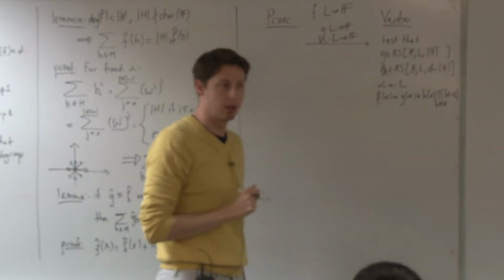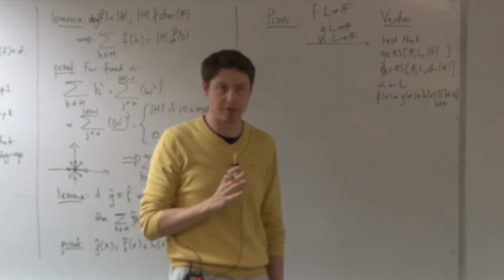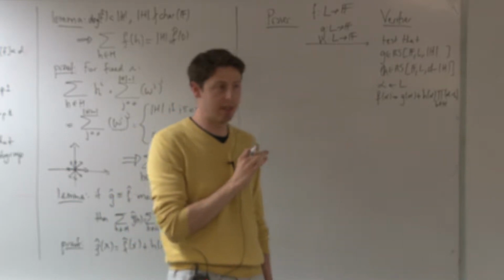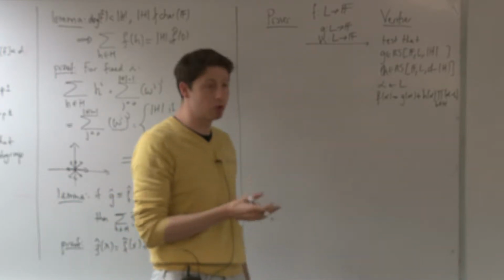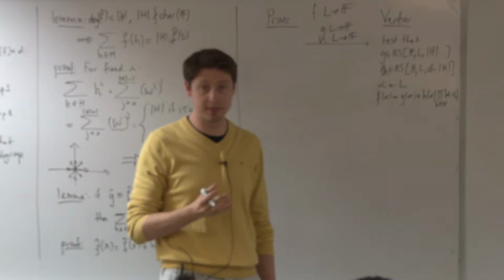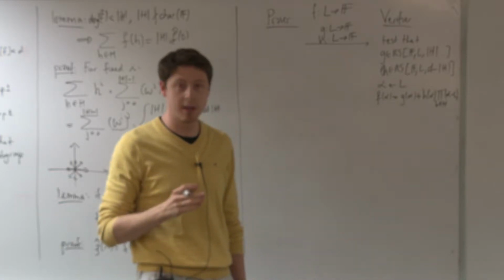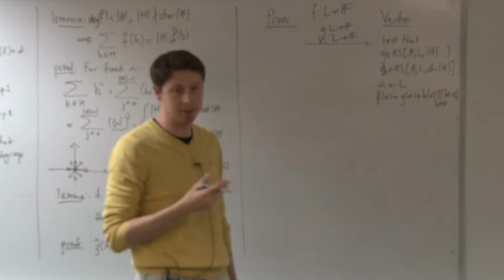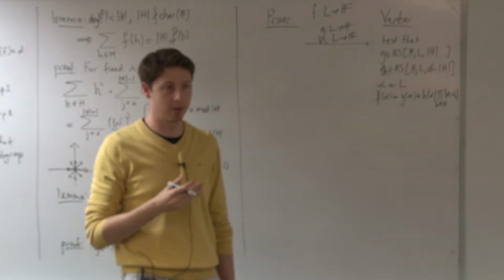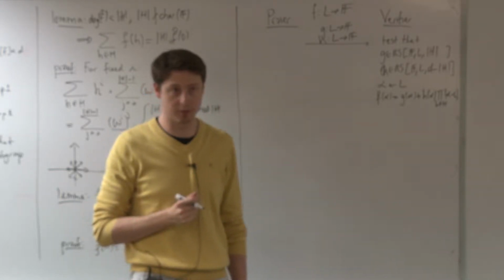But I haven't checked any sums so far. What I've done so far is receive two more words from the prover. I've tested that they are close to polynomials, and I've made sure that they are the remainder and quotient of f under division by the vanishing polynomial.